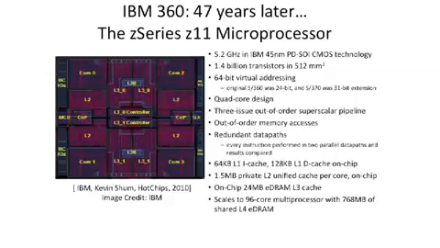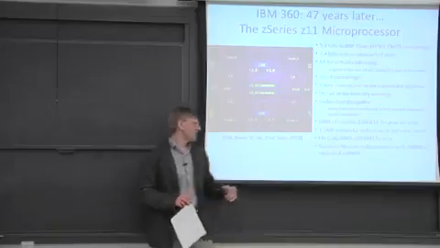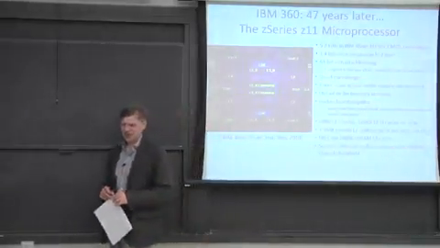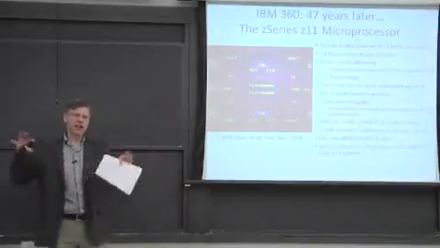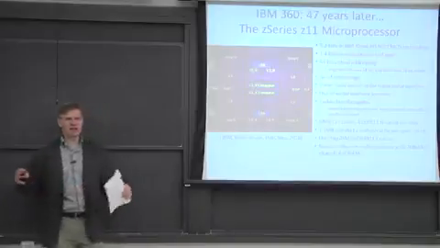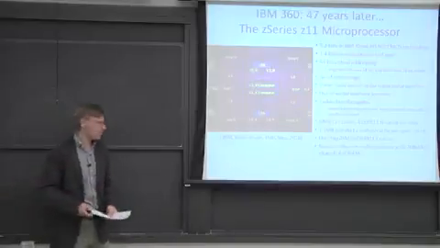It has 4 cores, out-of-order issue, out-of-order memory system, big caches, on-chip 24 megabytes of L3 cache, and you can even put multiple of these together to build a multiprocessor system out of lots and lots of multi-cores.